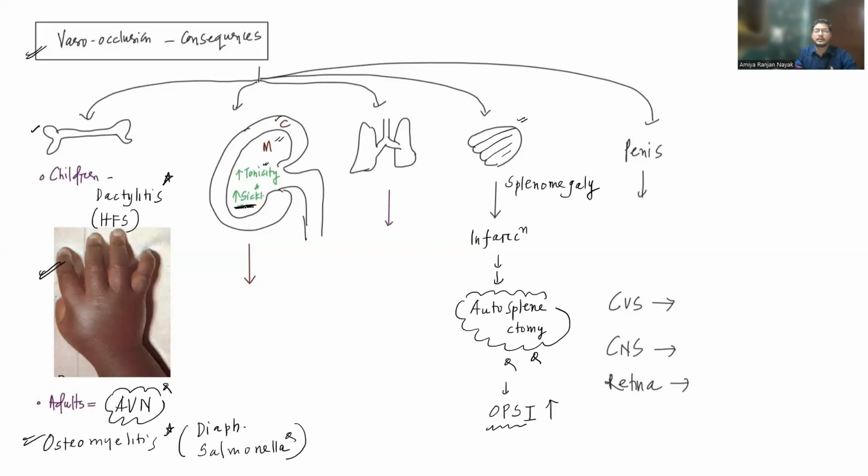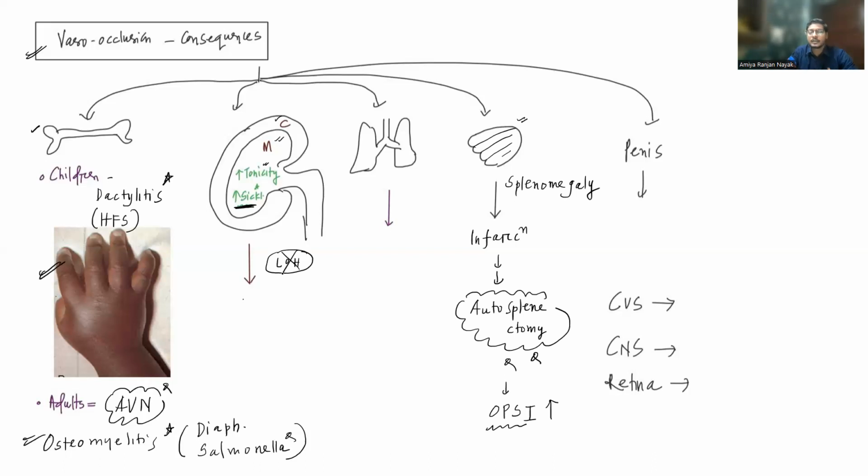Now, what is this going to do? It is going to damage the loop of Henle of the renal tubules. So the kidney will lose the ability to concentrate the urine.